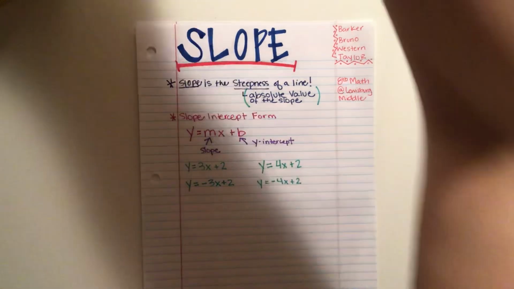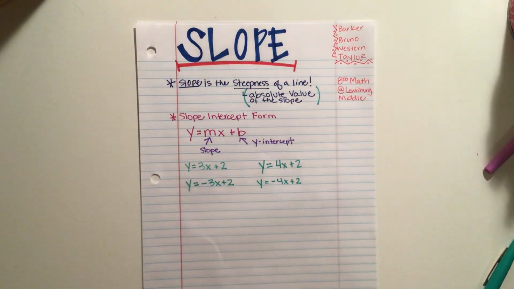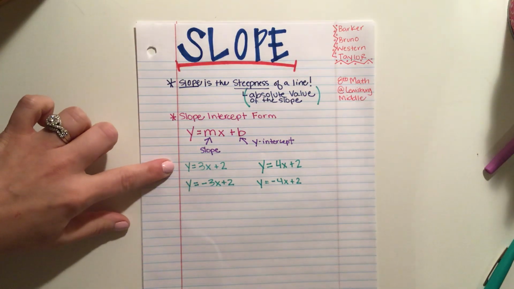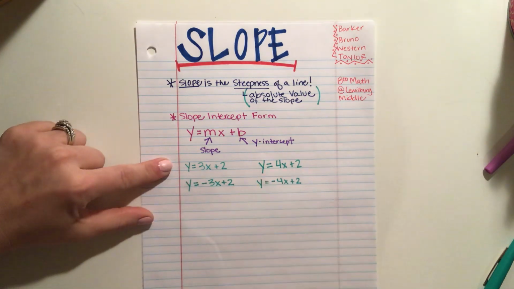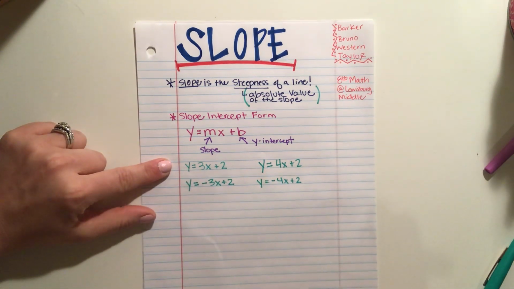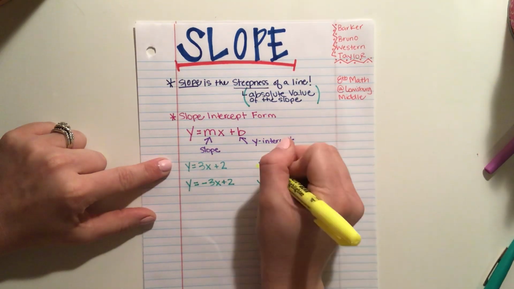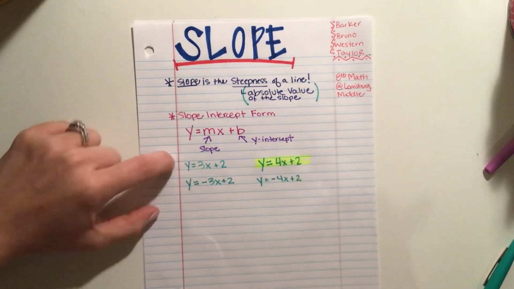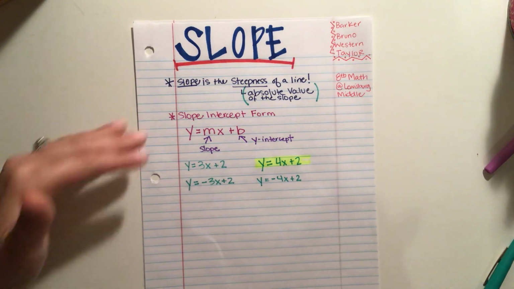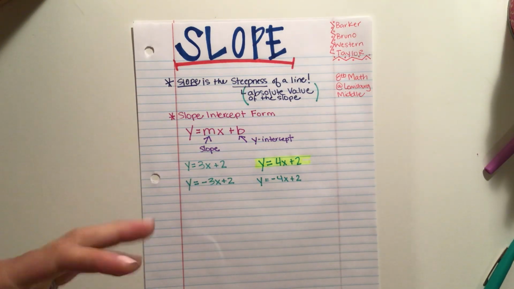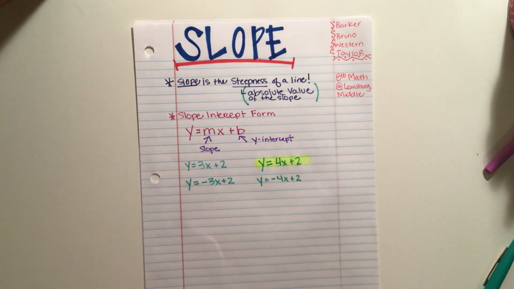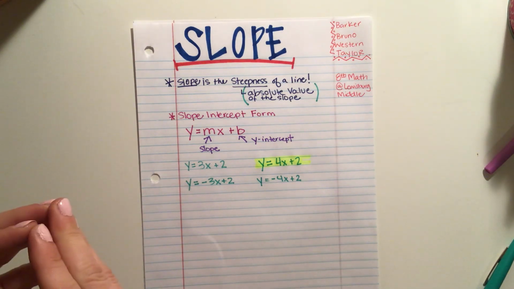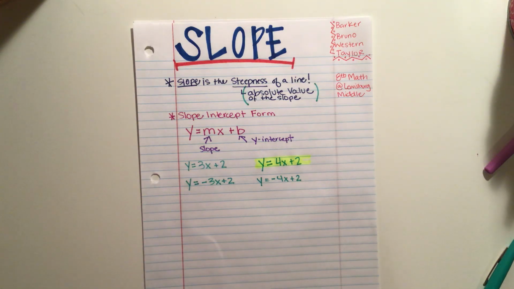So let's highlight which equations are the steepest. In this first example, we've got 3x plus 2 and 4x plus 2. Which one is steeper? Our 4x plus 2. Now, looking at the second one, if you're looking at a number line, you're going to get these wrong because negative 3 is greater than negative 4, but it is not steeper.